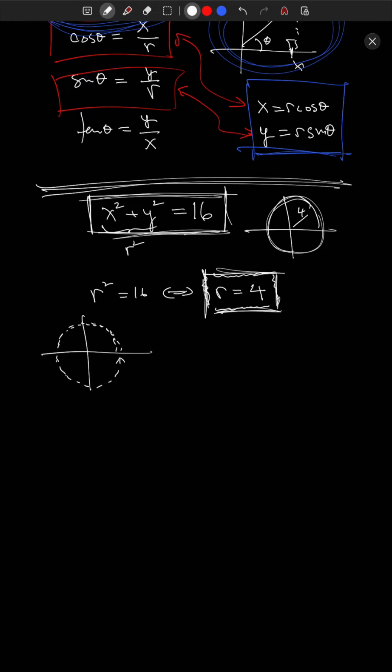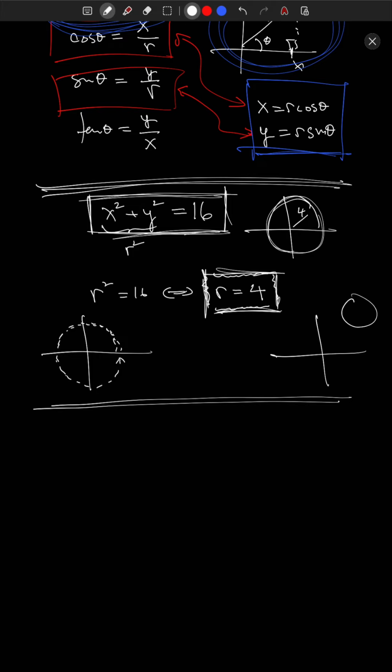All right, that said, this is not necessarily simple when we're talking about circles not about the origin. If I have a circle, let's say up here like that, then its equation in rectangular coordinates would be x minus something. Let's say the center is 3 comma 5.